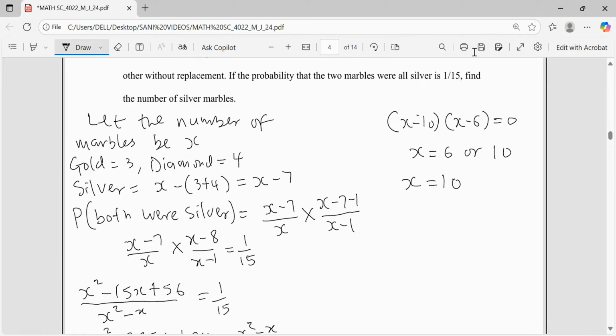Therefore, x is 10. So our silver marbles equals x minus 7. If you remember from here, x minus 7, that is 10 minus 7 equals 3. So the answer is 3 silver marbles.